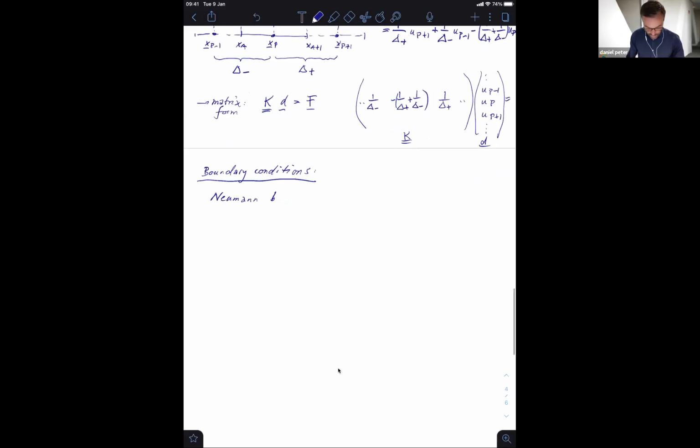So the Neumann boundary we had on the left side. So this is our boundary condition at the left boundary.